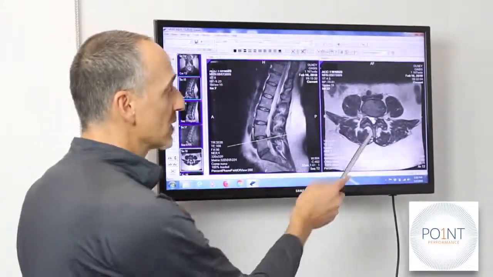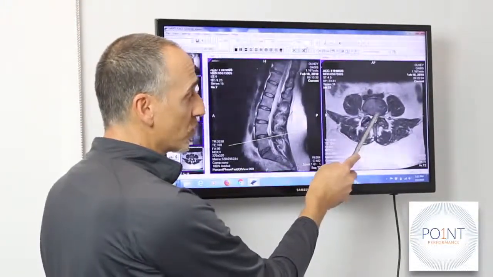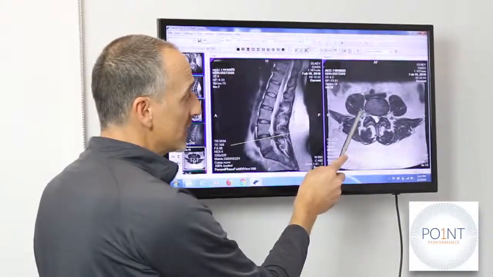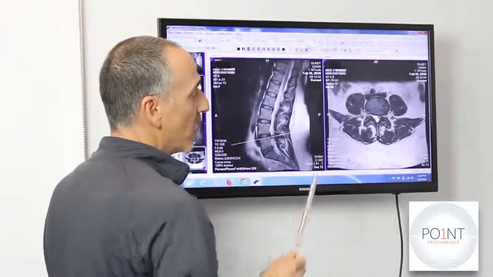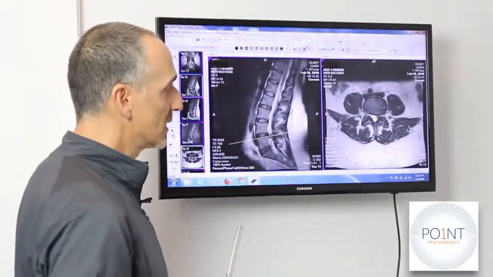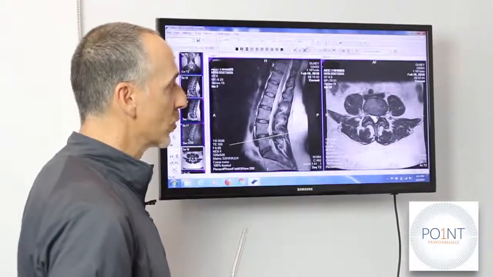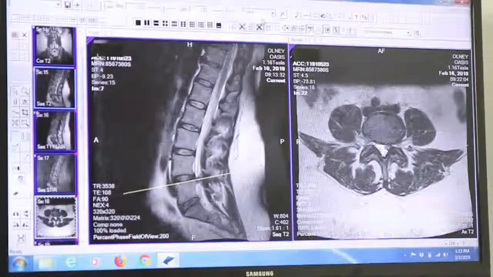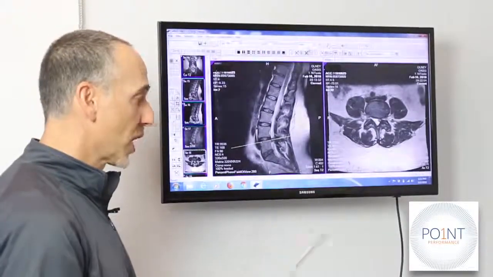The reason for that is that, again, remember, these nerves are traveling up and down the spinal canal, and they exit on both sides. In this case, the herniated disc was compressing or irritating the spinal nerve at that level, causing symptoms that were traveling down her leg.